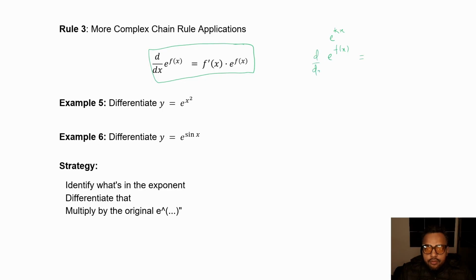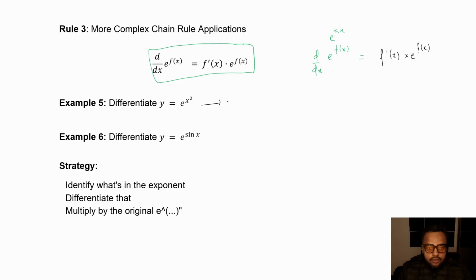So d by dx of e raised to the power f(x) will be equal to f prime x cross e raised to the power f(x). Don't get confused between function of x and kx: k is a number, and a function is in function format.